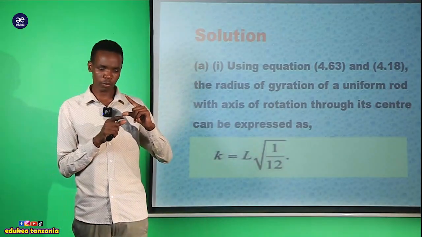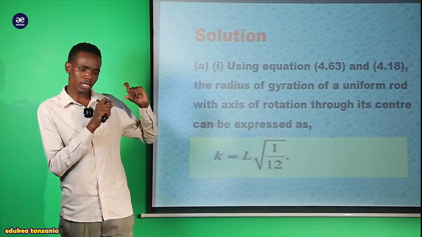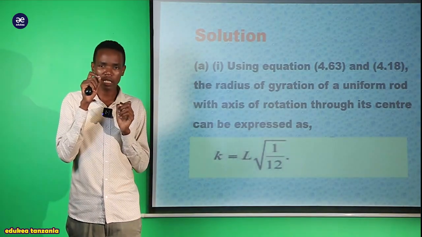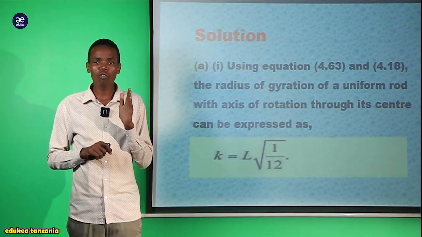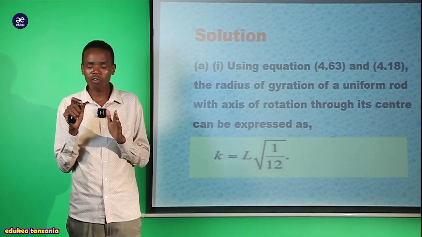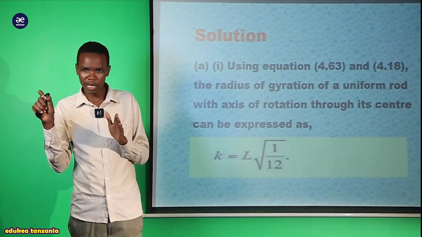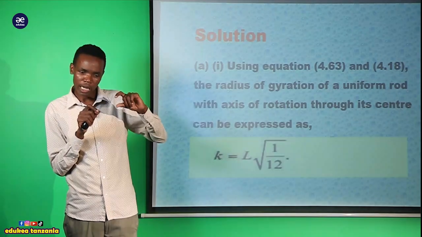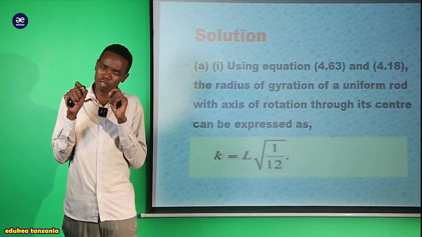Let us reflect. We know that for the uniform load, if the axis of rotation is at the center, the moment of inertia is equal to 1 over 12 mL square. But for the radius of gyration, it must be equal to the length.